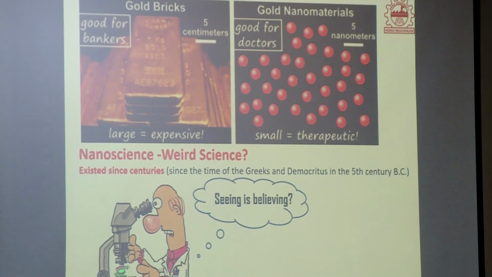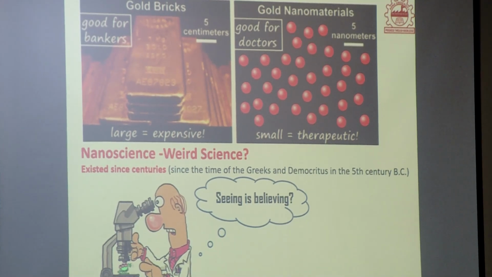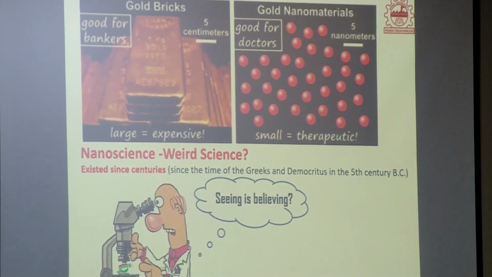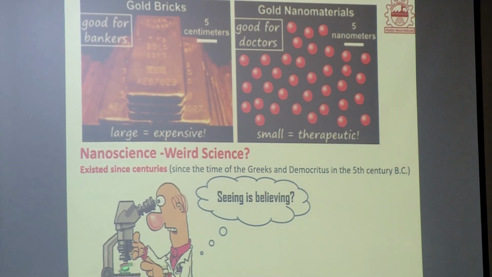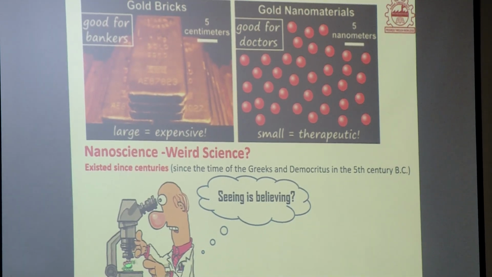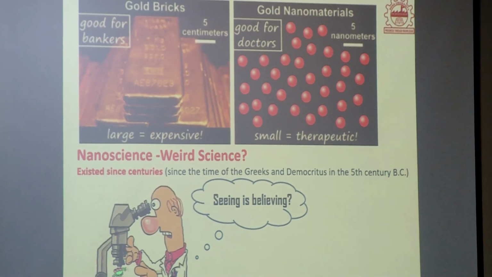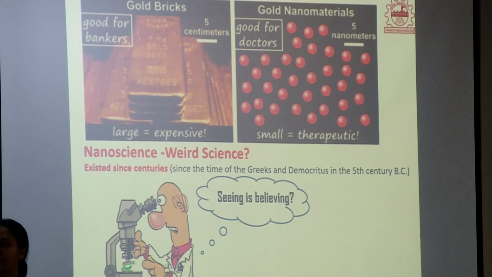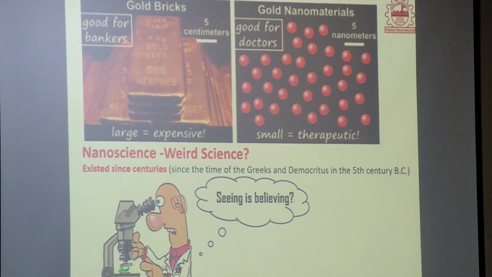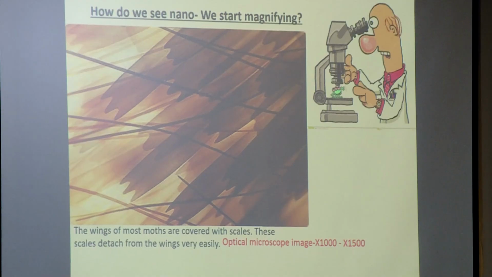Only when we could see them did we believe in the existence of nanomaterials. Now, why is it such a buzzword? Because when you make any material into a nano form, the properties completely change. That is what we are going to see. Why does it change? So what exactly is a nanometer?